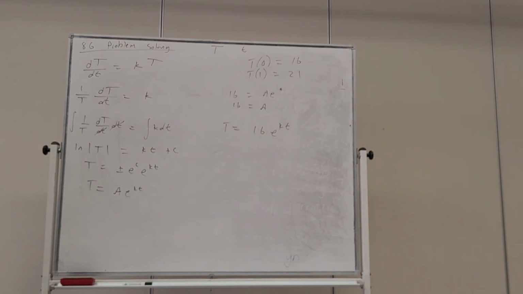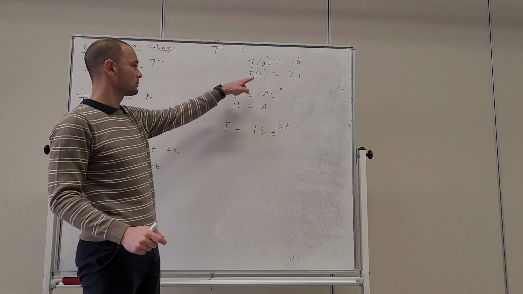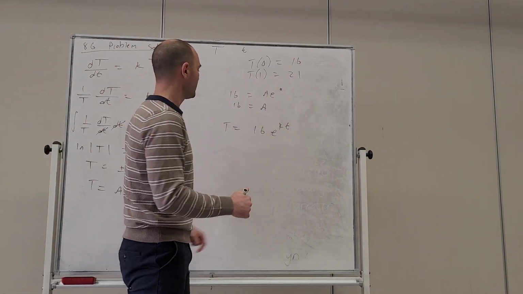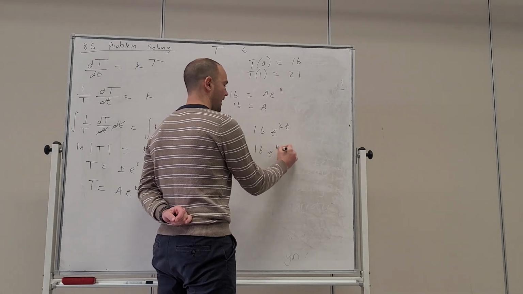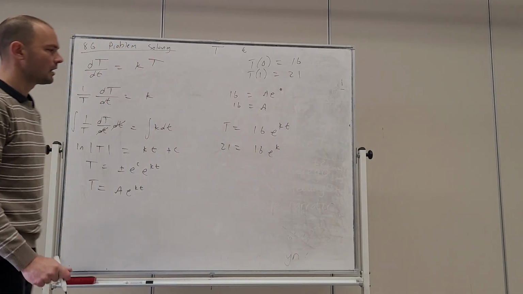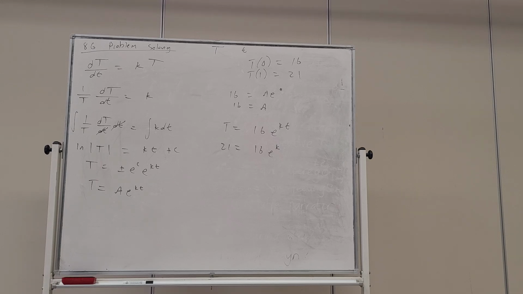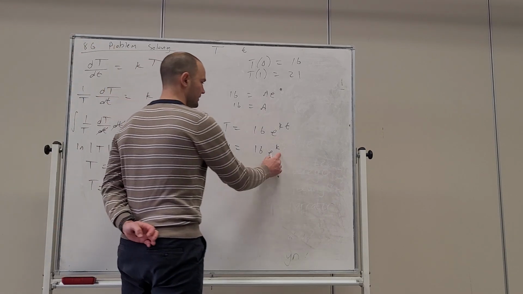Then we'll chuck the second piece of information in, which is when time is 1, the temperature is 21. 21 here, 16 here, e to the k. We'll have k times 1. And we're trying to solve through for k. Or we can even just express it in terms of e to the k.